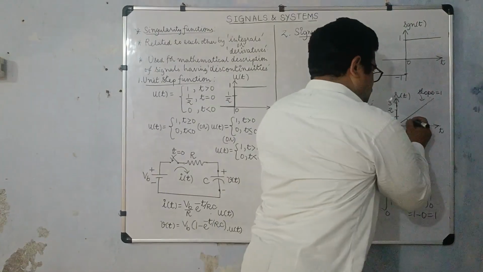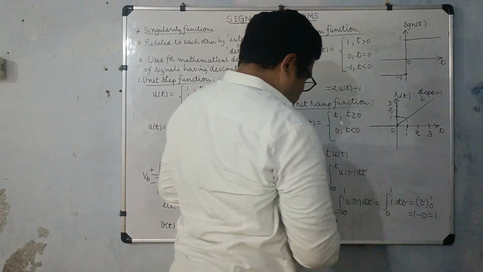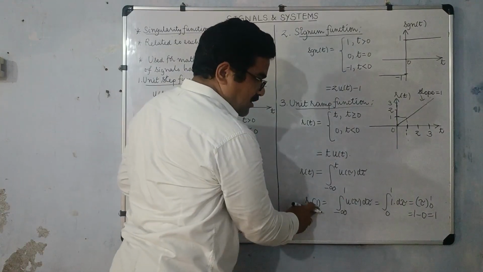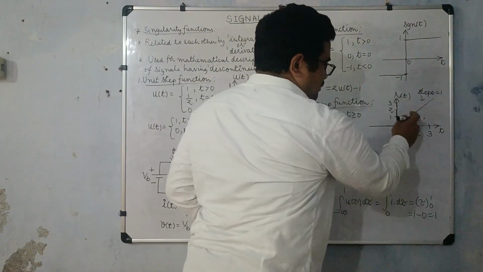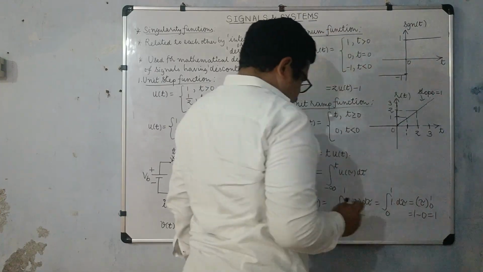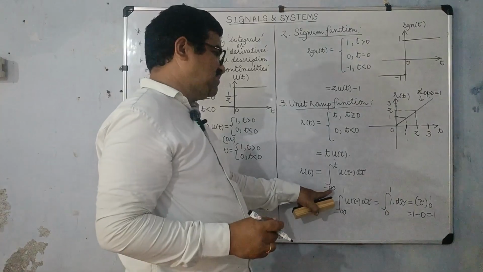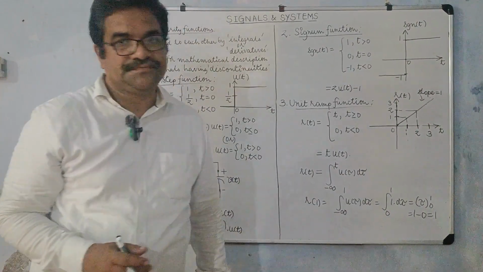So at t equal to 1, it is equal to 1. Similarly, if I want to find r of 2, the limit will be up to 2, so it will be 2 minus 0, which is 2. So at t equal to 2, it is 2. So r of t is actually integral minus infinity to t of u of tau d tau.